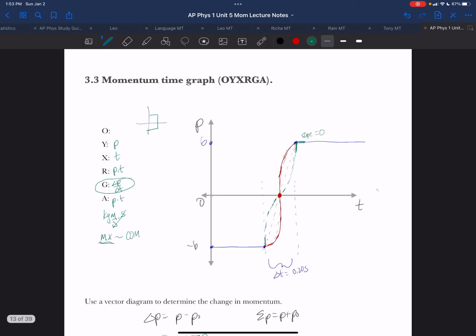Well, let's graph these. Started out with the same feature, but now we make the after curve red. After 0.2 seconds, the momentum is 0.